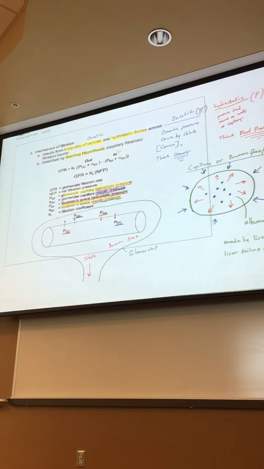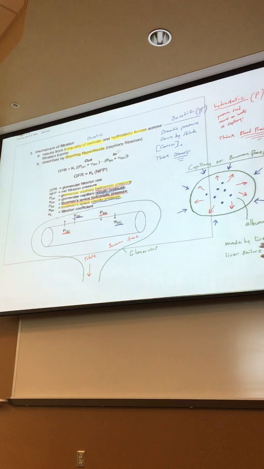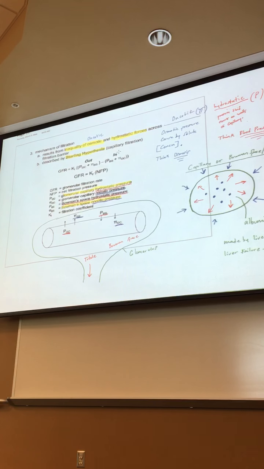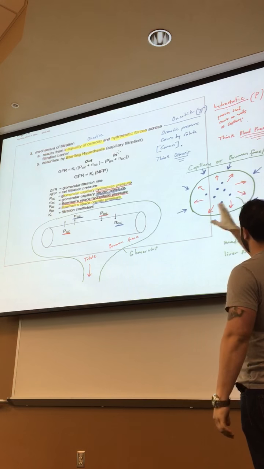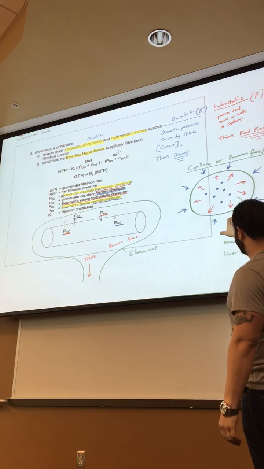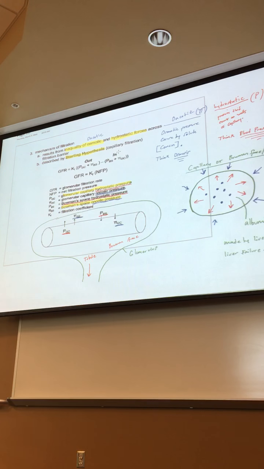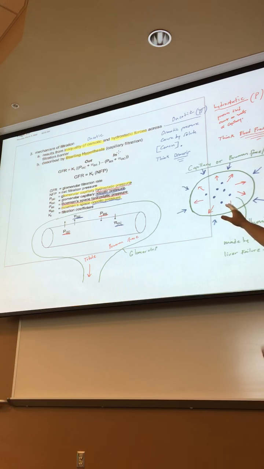There's no albumin in the interstitial or in the Bowman space unless you have kidney damage. But normally there's not. So because there's a concentration of albumin in the blood, water wants to move from a place of low solute concentration to a place of high solute concentration. So water naturally wants to, by osmosis, go into the capillary.